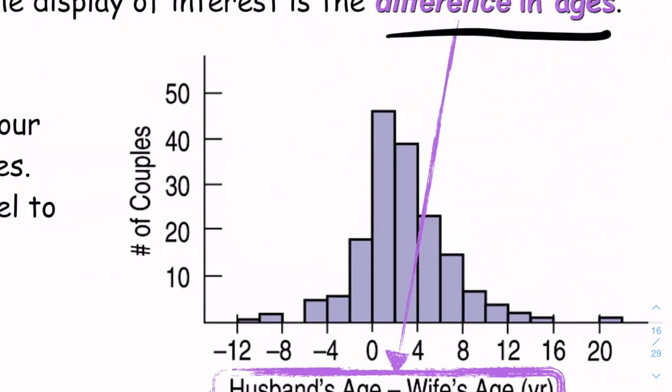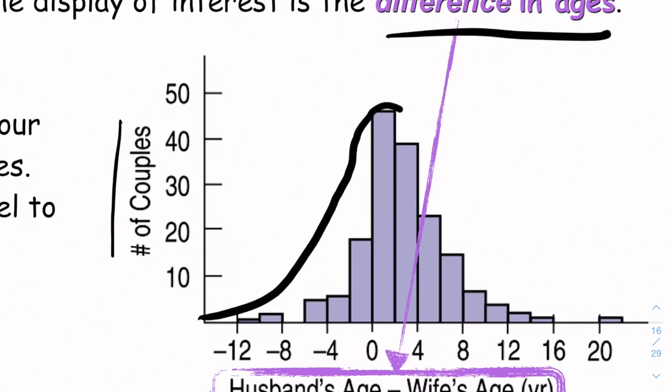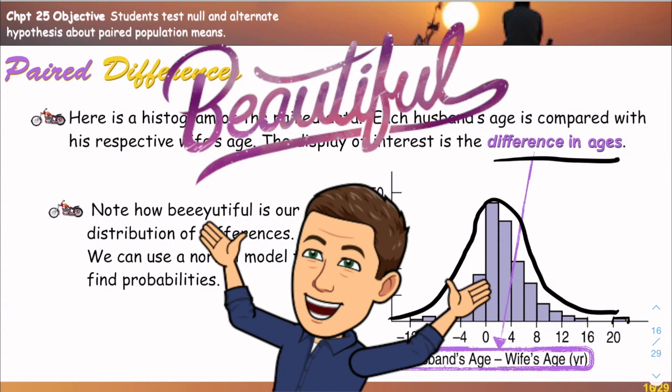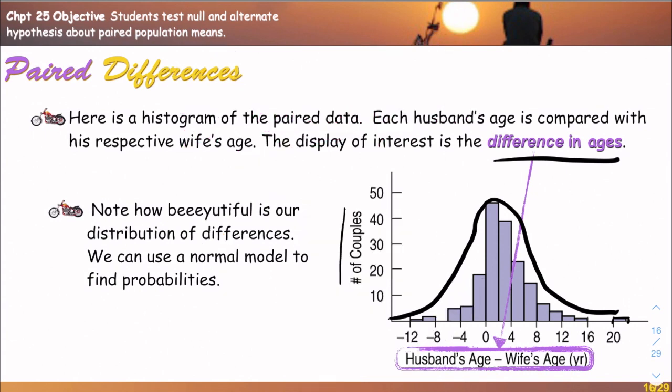And what we can see is, if we do husband's age minus wife's age, and then we look at the total number, again, always label your axes, we see a nice unimodal, roughly symmetric distribution, where some differences in ages range from up to 20 years to -12. Note how beautiful our distribution of differences is. We can use a normal model to find the probabilities.